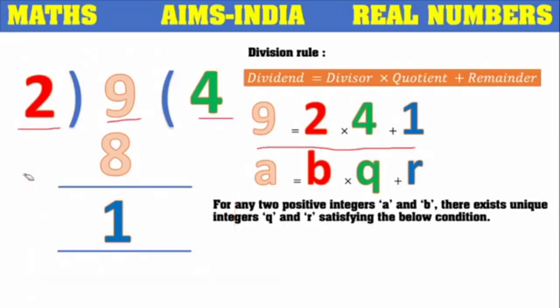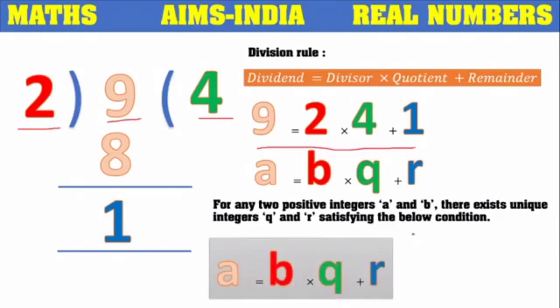So here, for any two positive integers a and b, there exist unique integers q and r satisfying the below condition, that is a equals b into q plus r.